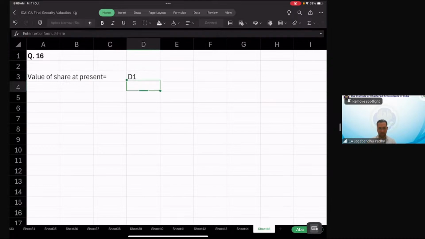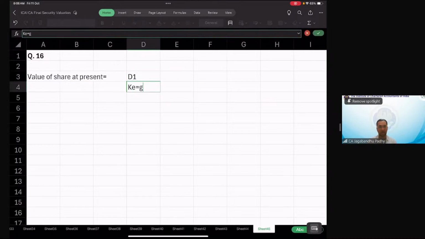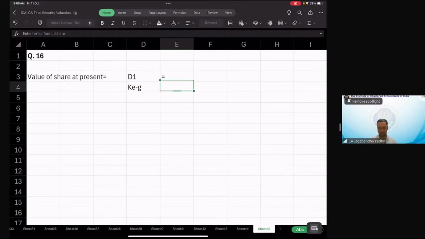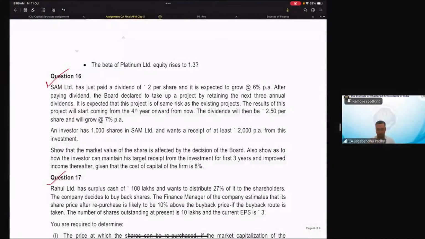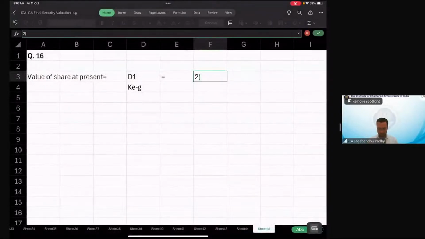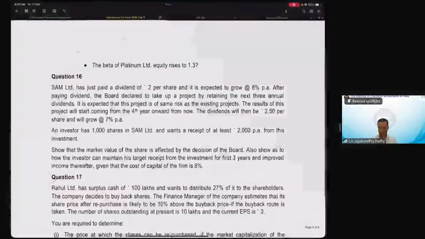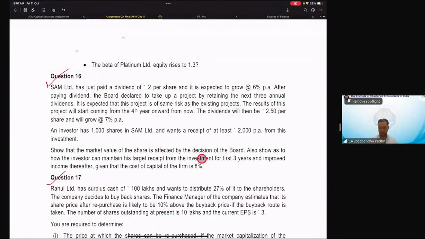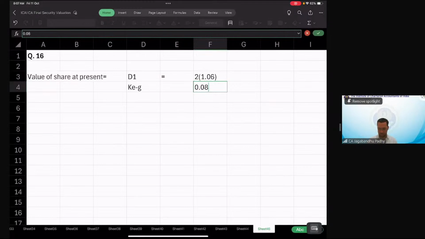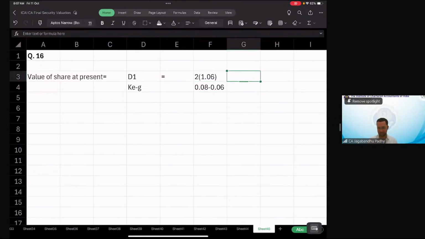It's computed simply as D1 upon K minus G, right? Currently the dividend paid was 2 and it was expected to grow at 6% every year. So this would be 2 multiplied by 1.06, divided by cost of capital of 8% minus 6%, that is 0.08 minus 0.06.